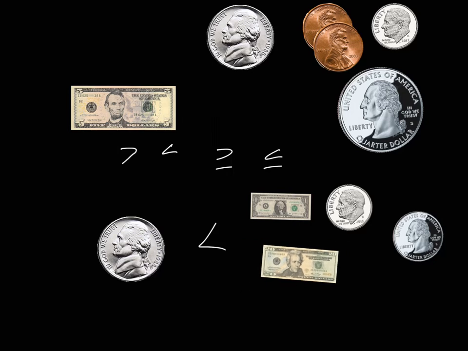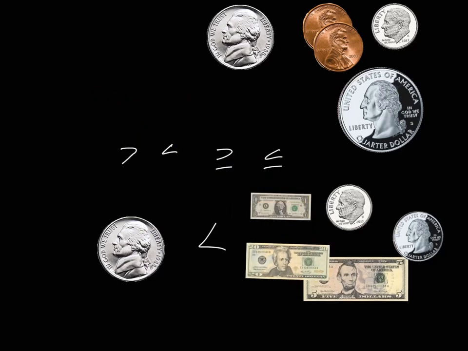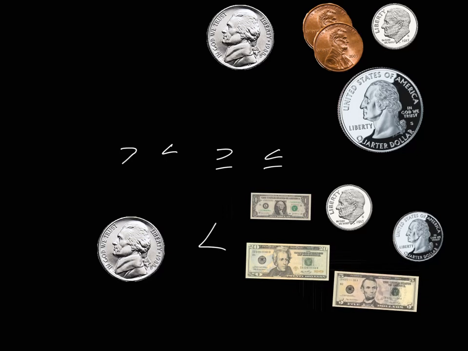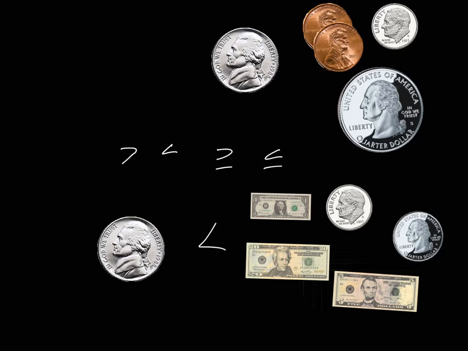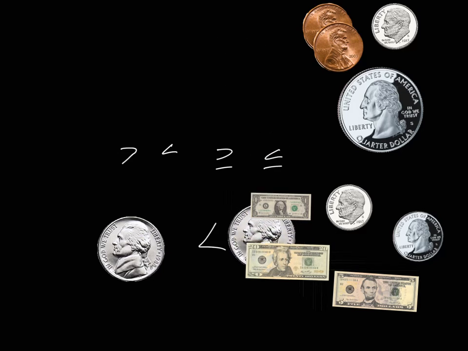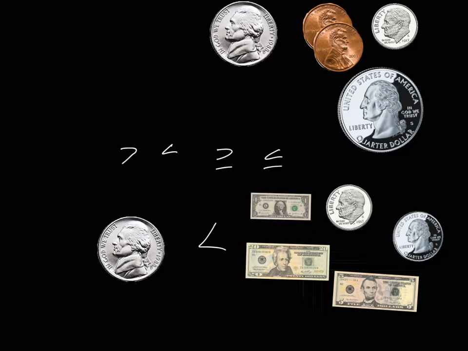A $20 bill there because a 20 is worth more than a nickel. And a 5. All of these in this part right here are worth more than that nickel. What I cannot include is this nickel. This nickel is not worth more than the nickel.